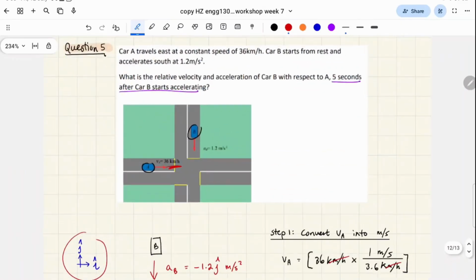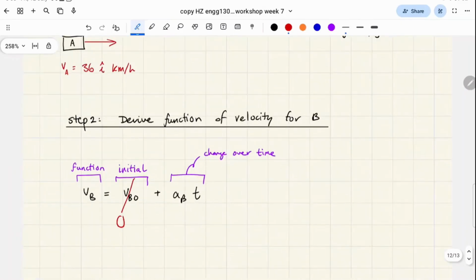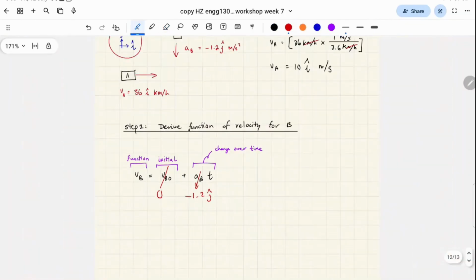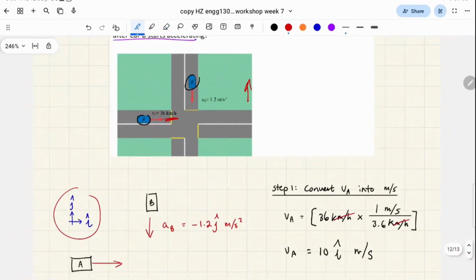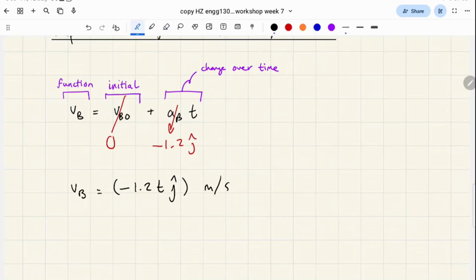So this is going to start at 0, and its acceleration over time was negative 1.2 J. This is relevant because J is positive that way, and it's moving downwards, right? So it's going to be a negative J. So VB is equal to negative 1.2 T J. Right, so that's its function.